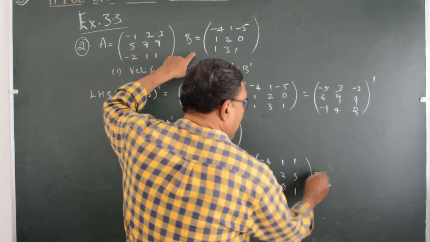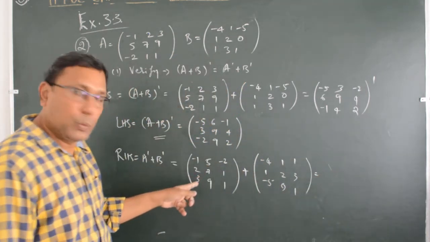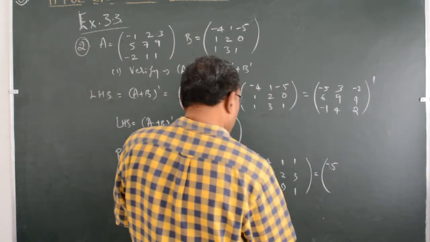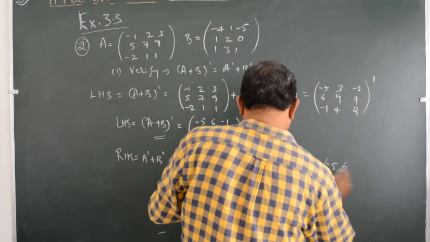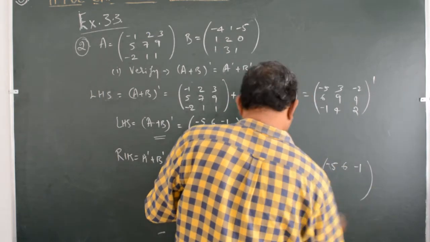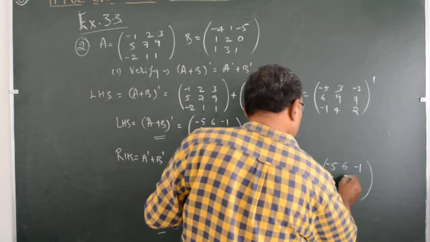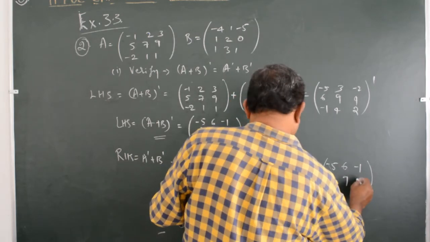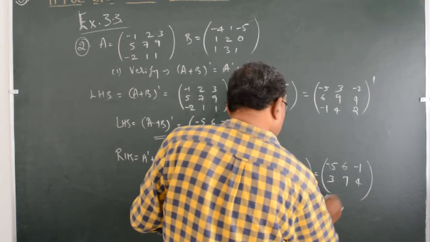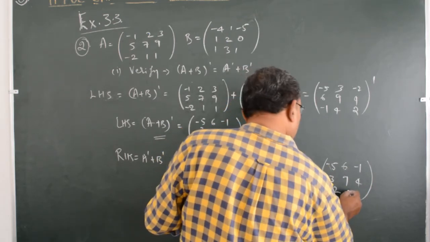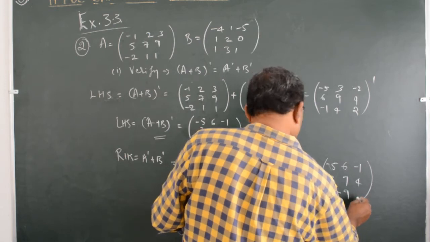Now I am adding these two, right? Minus 1 plus minus 4 is minus 5, 5 plus 1 is 6, minus 2 plus 1 is minus 1, correct? 2 plus 1 is 3, 7 plus 2 is 9, and 1 plus 3 is 4. And 3 plus minus 5 is minus 2, 9 plus 0 is 9, and 1 plus 1 is 2.